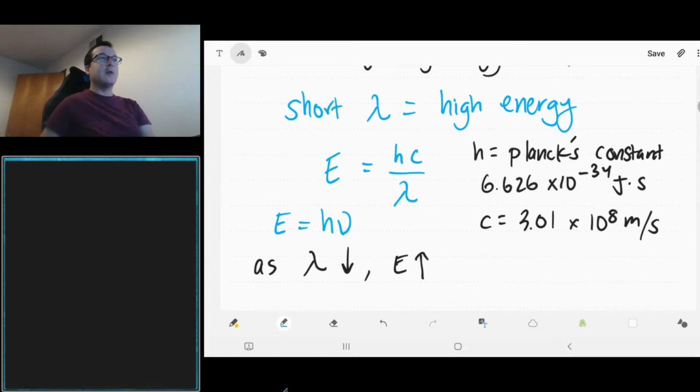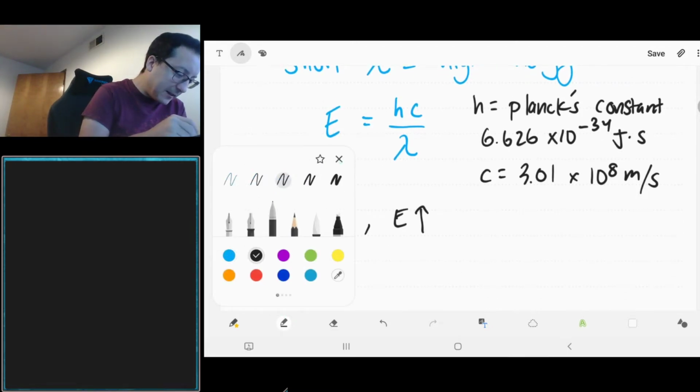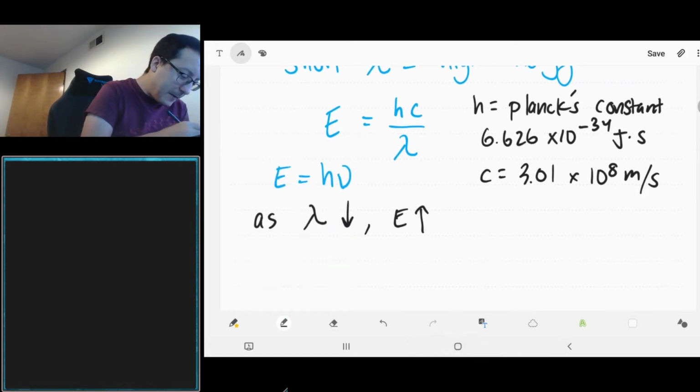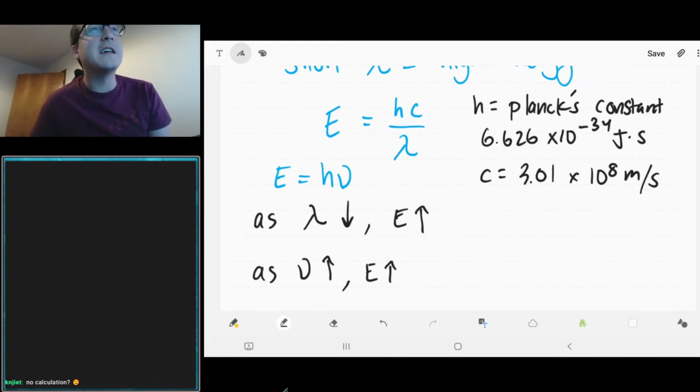Energy is also related to frequency. And we can see in this equation, as frequency goes up, the energy goes up. Since we learned that the wavelength and the frequency are kind of the opposite, right? No calculations for this one.